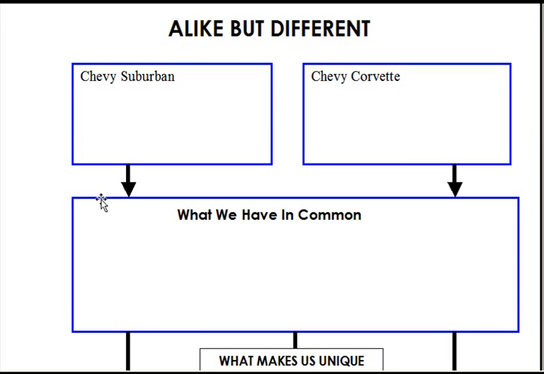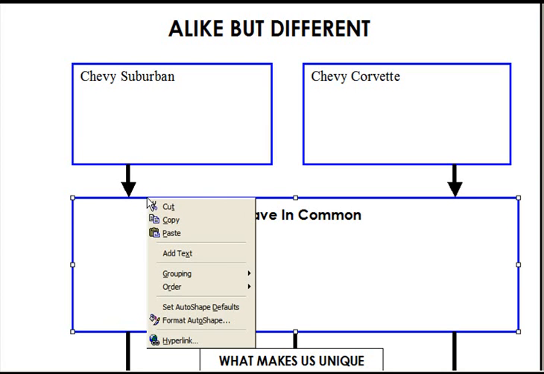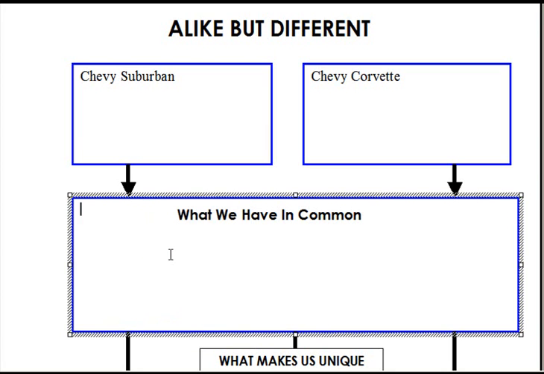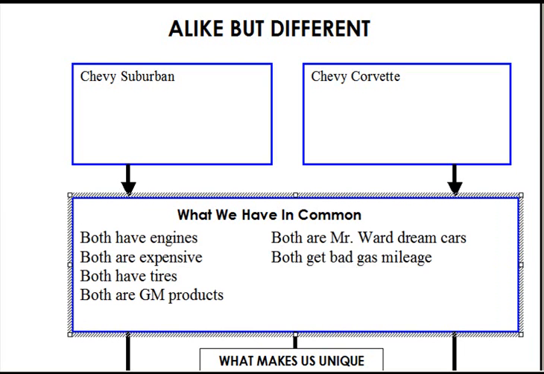If students are typing this, one trick of the trade is move the cursor onto the blue box, right mouse click, add text, and then the format gets pretty easy. I'll increase the size of the font for us so we can all see it, and then we would list some of the things they have in common.